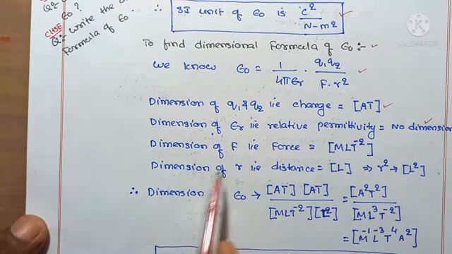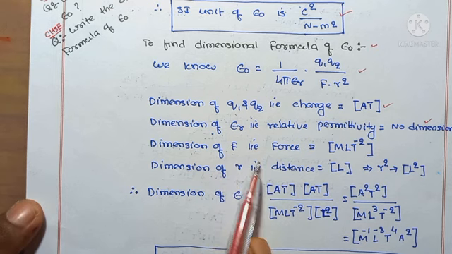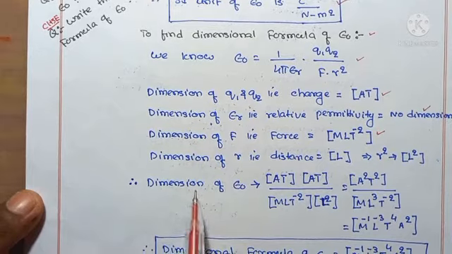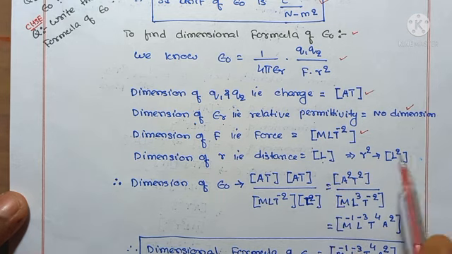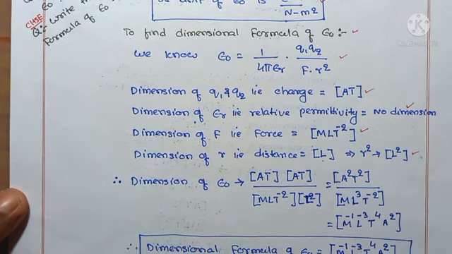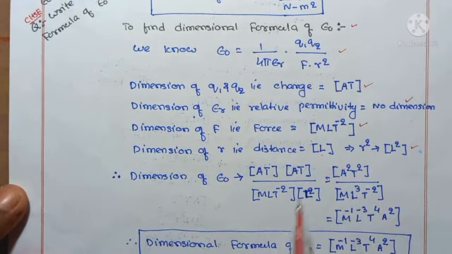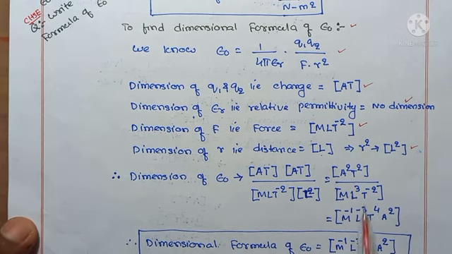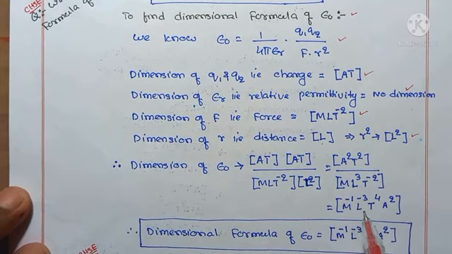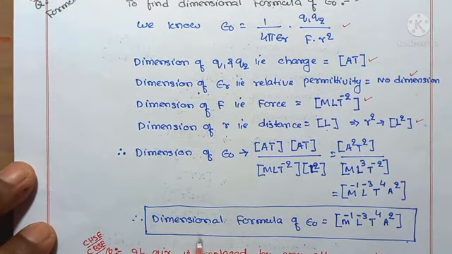The dimension of F, it is a force, so force का dimension MLT inverse 2. R is the distance, so the dimension is L, and distance square is L square. So putting all these dimensions here, after solving we will get M to the power minus 1, L to the power minus 3, T to the power 4, A to the power 2. So the dimensional formula of epsilon 0 is M to the power minus 1, L to the power minus 3, T to the power 4 and A to the power 2.